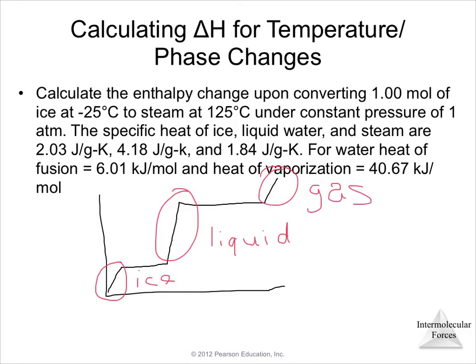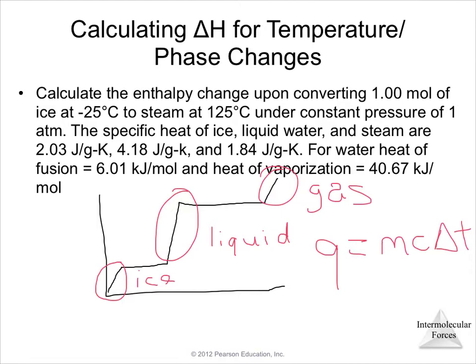So when I'm finding these 3 particular segments, I'm going to use Q equals MCAT. Well, we don't know the mass, but they gave us moles, and we could convert that 1 mole of ice into grams by using molar mass. We know C because they gave us all of the specific heats.